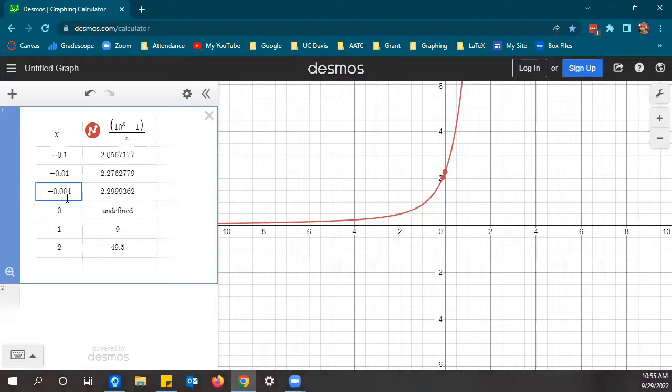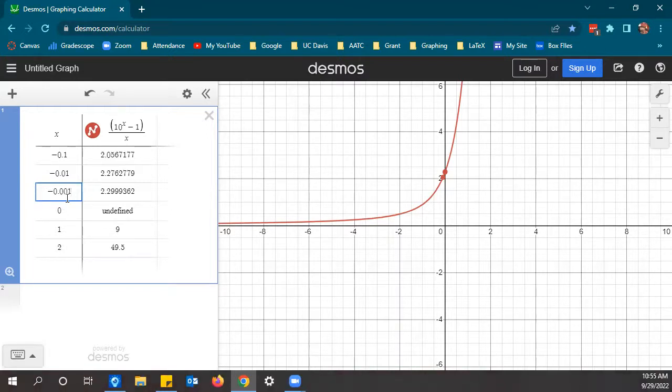Okay, and then from the other side, positive 0.1, we get approximately 2.589. Positive 0.01, we get approximately 2.329. And positive 0.001, we get 2.305.